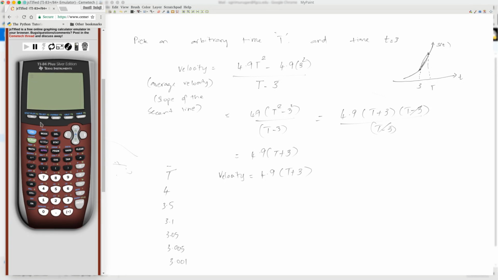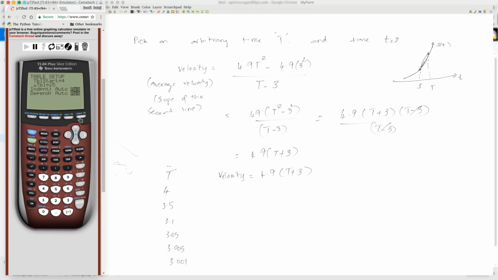Now press second and go to table set. We'll start at a value of 4, and you can ignore the change in table. That is the value with which you increment or decrement the values that you're going to use in the equation. So I am going to say independent value to be asked, the dependent variable value to be asked.